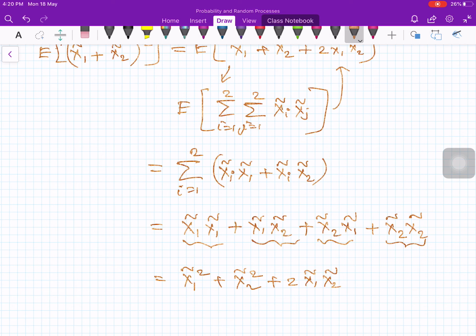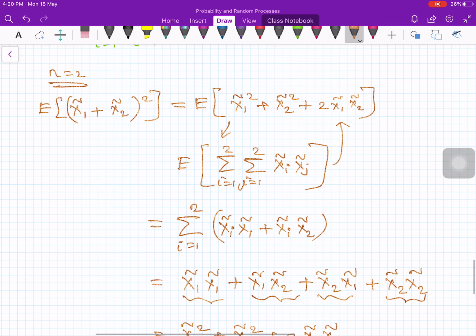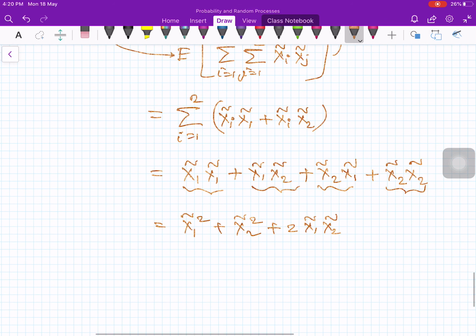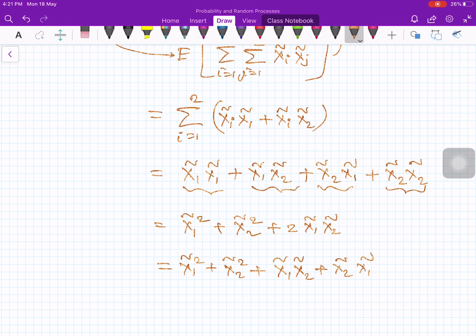Therefore, what I am saying is, this expression I can write in terms of double summation. Okay, still if you want to write a little more clearly, then I can say x1 tilde squared plus x2 tilde squared plus x1 tilde x2 tilde plus x2 tilde x1 tilde.